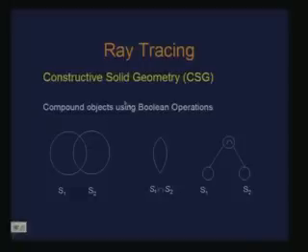So for instance, there is a surface or object S1, there is another object S2, and I am interested in getting an object of this kind, which is, let's say, a lens kind of object. All I need to do is perform a Boolean operation of the type S1 intersection S2 to get this.